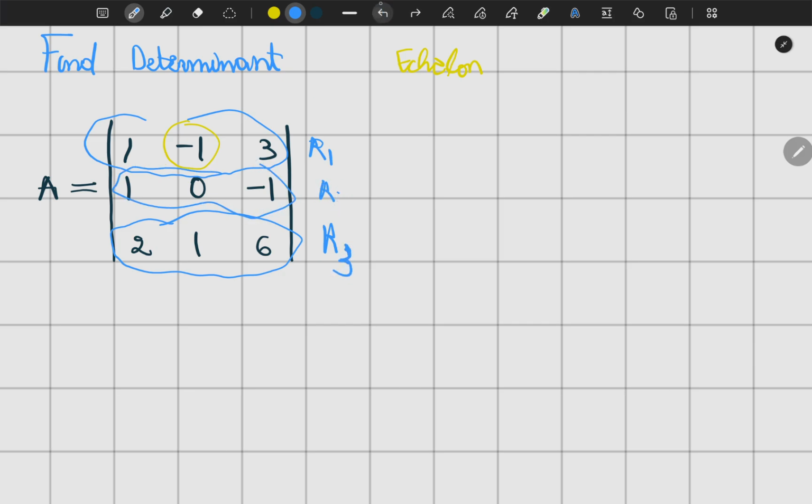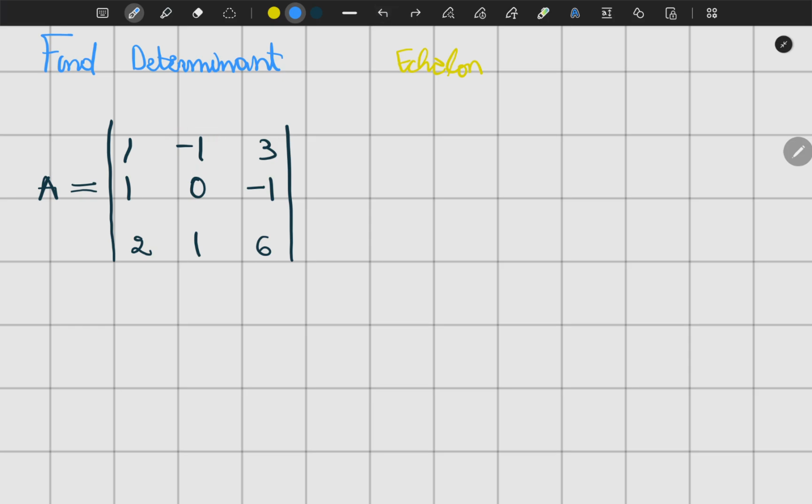My concern now is in what way can I make it 0? Let me write it so you can see. We need to find row 1, and we're going to make the second entry 0.